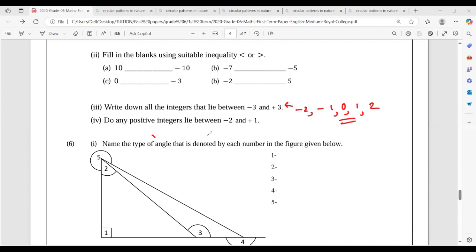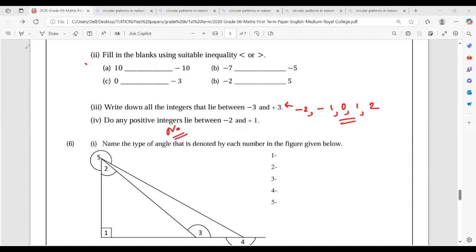Between -2 and +1, you have only -1, 0. Positive means, 0 is neither positive nor negative, right? Therefore, you cannot take it as positive. Therefore, here your answer should be no.